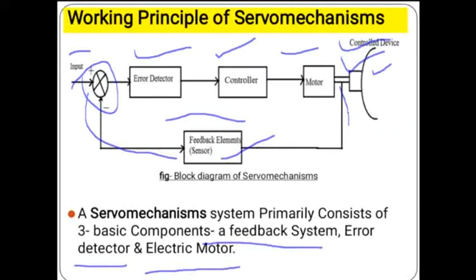Again this signal goes towards the feedback signal, and here is the comparator, and it finds the difference, and if the difference is 0, then it will stop. So this is the overall mechanism of the servo mechanism. The servo mechanism is generally used to rotate or control the position of any object. This is the main function of servo mechanism.